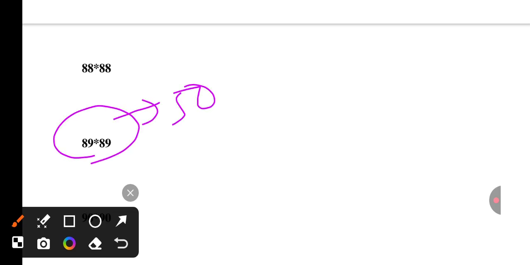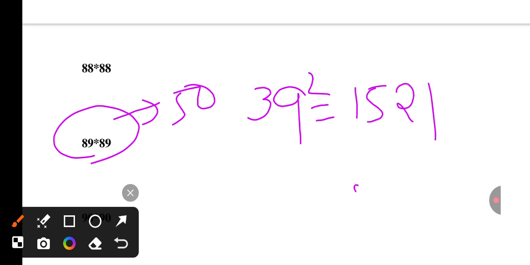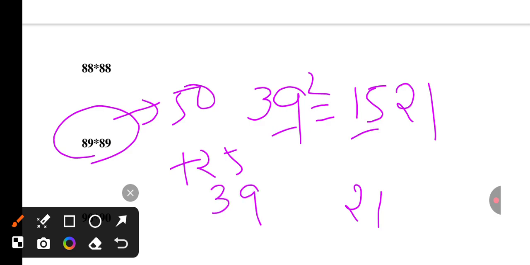See next, how to calculate 89 square. Okay, see how to do 89 square, compare with 50. How much is it? 39 more. What is the value of 39 square? This is important, you should know it. 1521. Okay, 21, plus 25 compulsory added, plus 39, plus 15 is the carry.